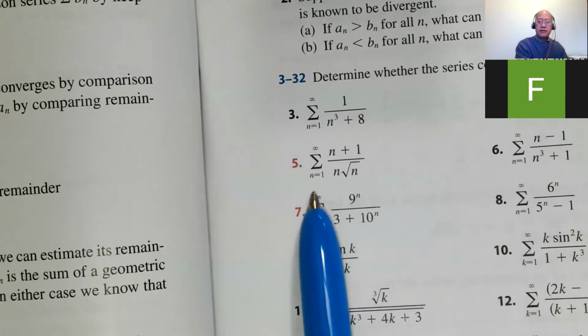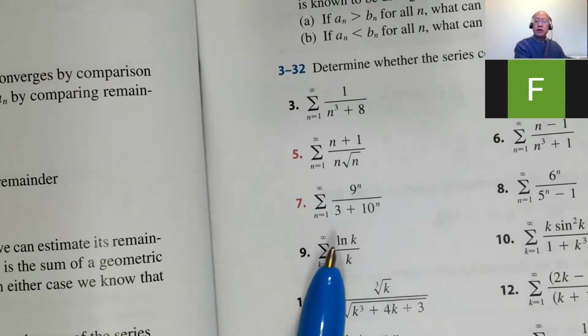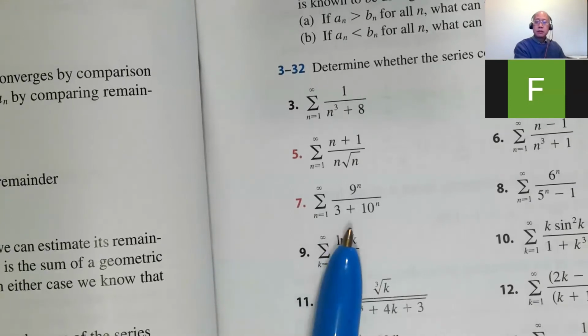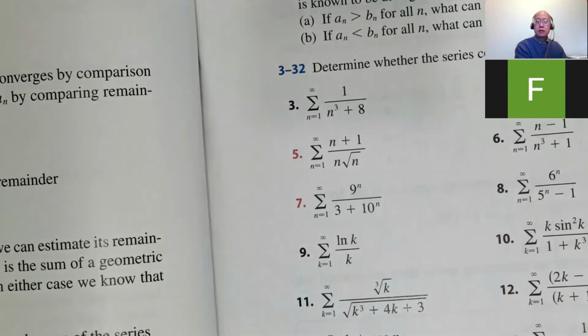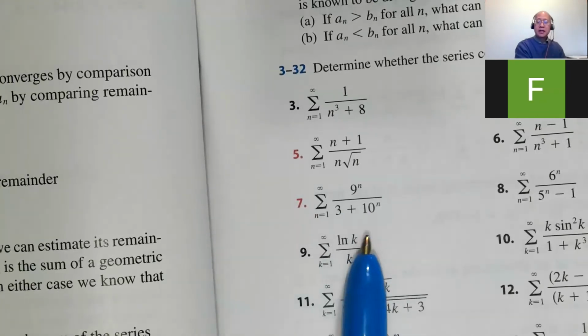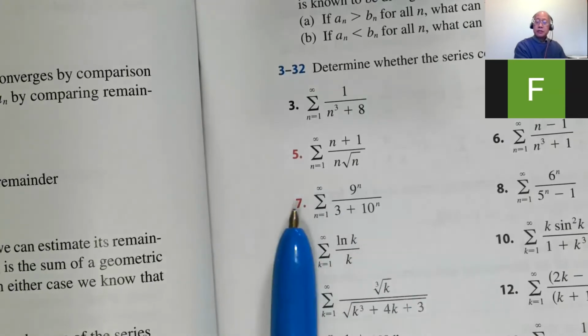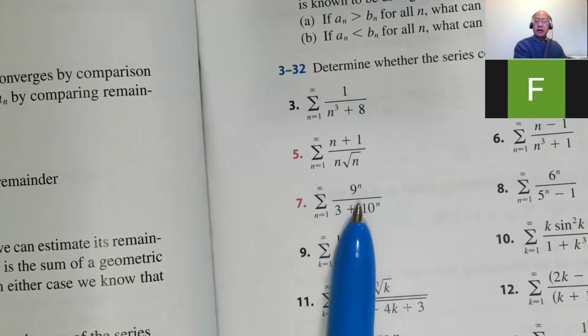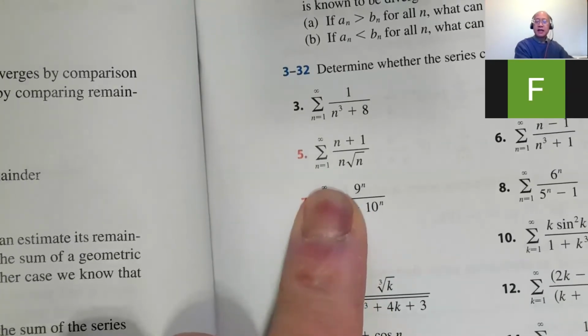Okay, I think I did 5. 7, can you tell what's insignificant in the long run? 9 to the n over 3 plus 10 to the n. What's insignificant? 3. Remember, you're plugging in real big numbers. Plug in a billion, 9 to the billion, 10 to the billion. This 3 is like nothing. So it's essentially like 9/10 to the n.